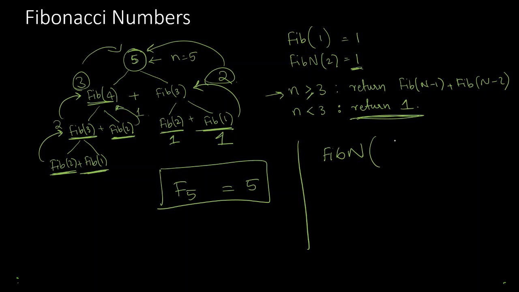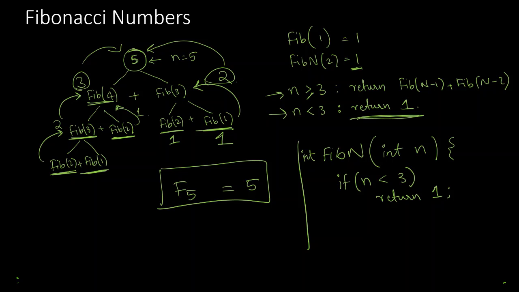Fibonacci number of n. I'm writing the pseudocode, guys. So technically this is the integer return type since it's a number, but you can make it whatever you want. And now coming to the base condition, we know that if n is technically less than 3, guys, we just return 1.